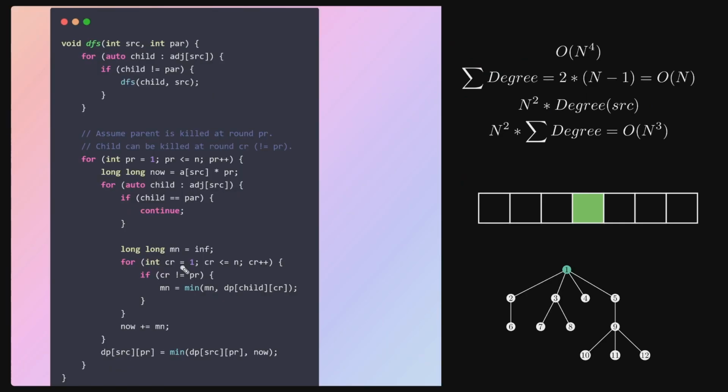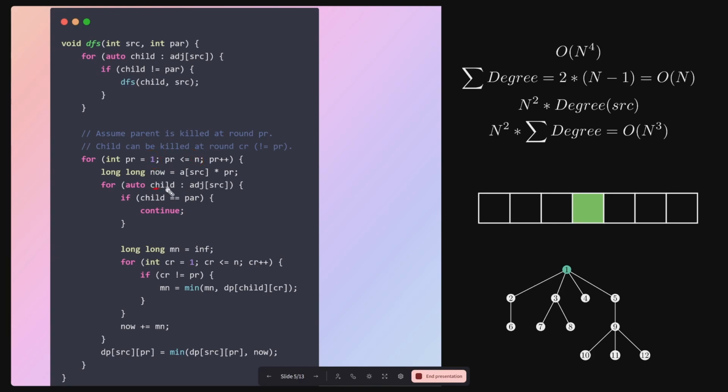For the implementation, we first compute the DP values of all the children recursively. So these are the children; we first compute the DP value of each child's subtree. Then, as discussed earlier, we fix the PR value, the round at which the parent was killed, which can range from 1 to n.